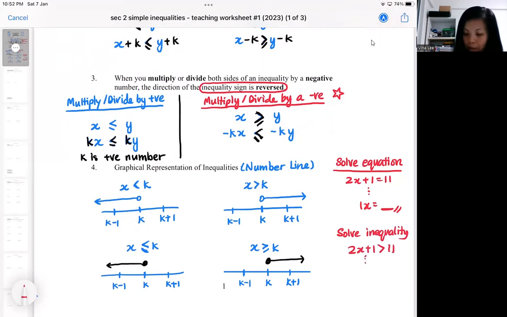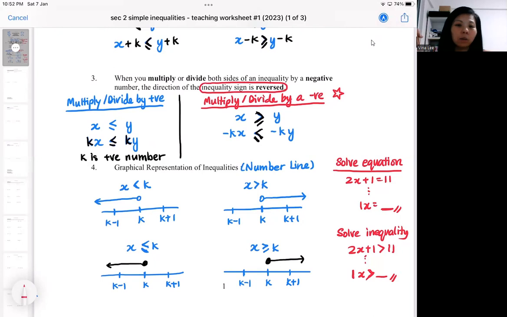You are still doing the same thing. You must also solve until 1x. Maybe the sign can be reversed, we won't know. But whatever it is, when we are solving for inequality, we are solving for 1x. When we are solving for equation, we are solving for 1x. It will not be 2x, 3x, or whatever. We are solving for a single x or a single algebra.